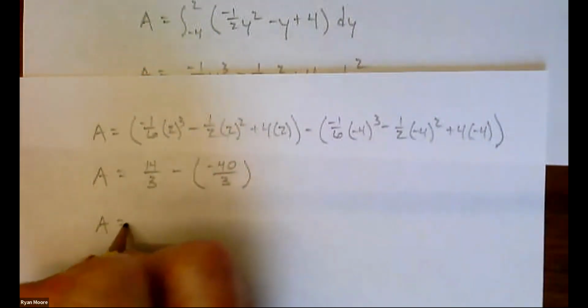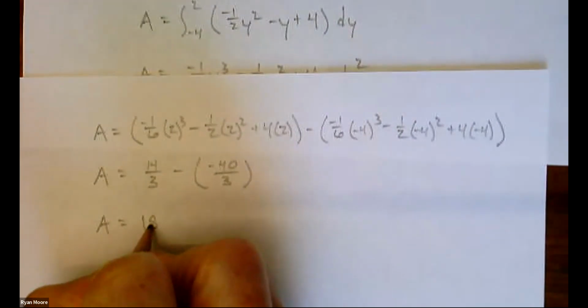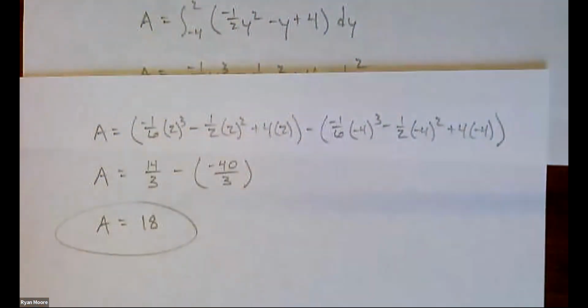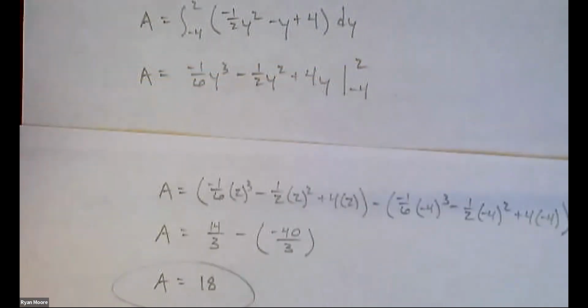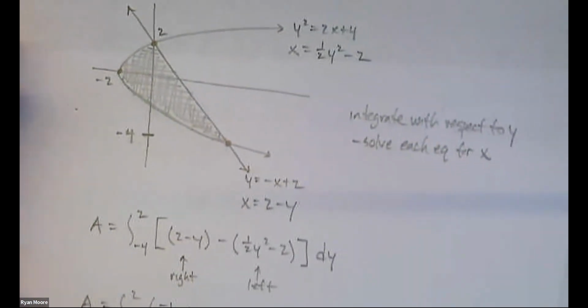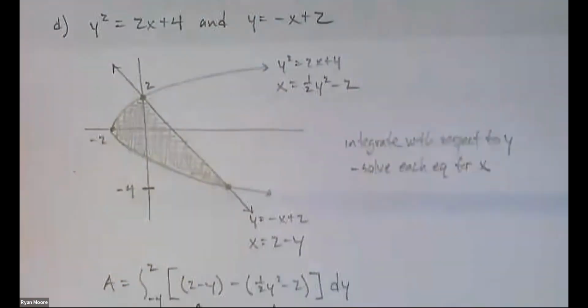So subtracting them, 54/3 is actually a whole number, 18. Interesting. There you go. Again, it takes some getting used to when you have to switch what you're integrating with respect to. There you have it. That does it for 6.1 and finding areas between curves.